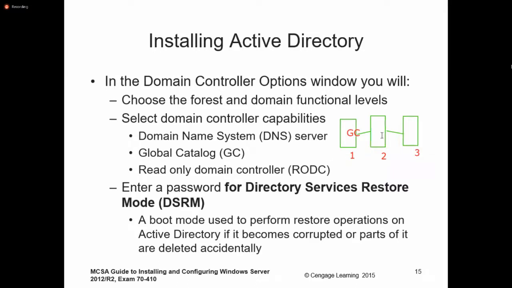Now, if you don't enable the global catalog flag in these two, right? So if this fails, now these two cannot function without a global catalog, because they don't actually contain all the information which is needed to function as a standalone or single unit, right?